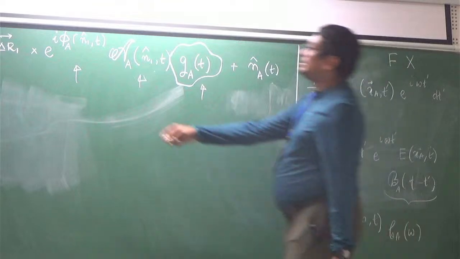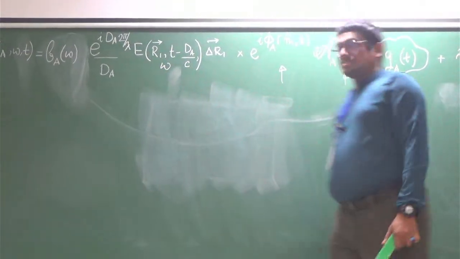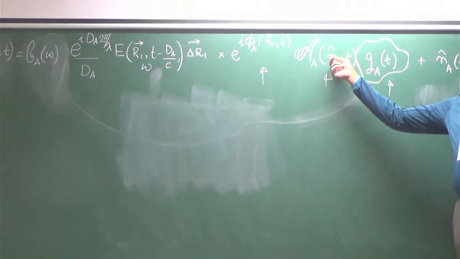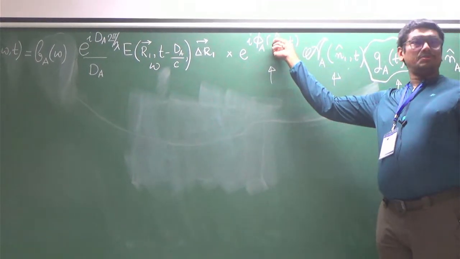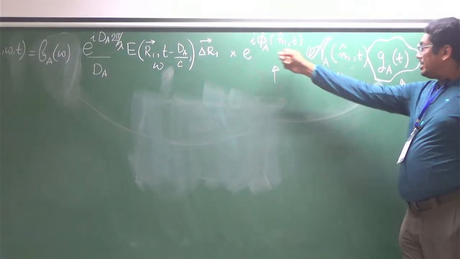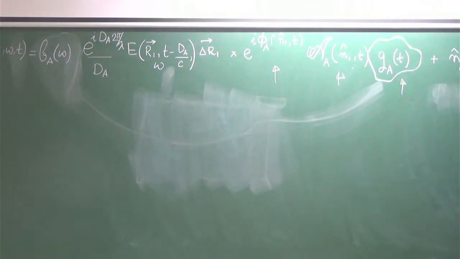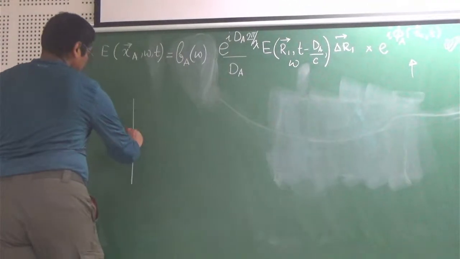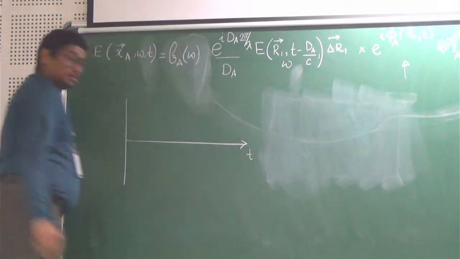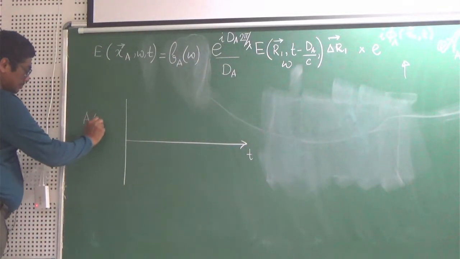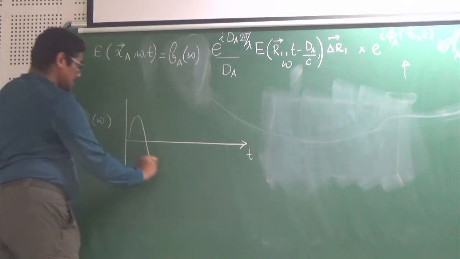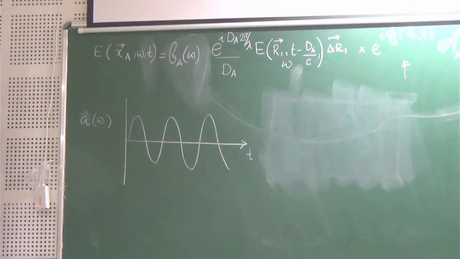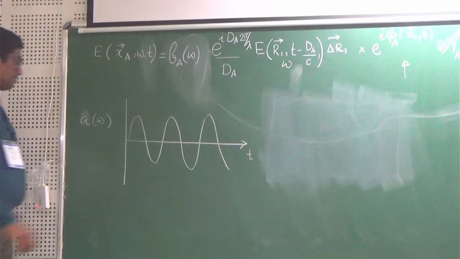Now, I said that only this thing changes with frequency. That's not quite true. This also changes with frequency. This also changes with frequency. What do you mean by saying that something has a frequency dependence? Essentially it means that if I have a time domain signal, the signal will change with time. It's some signal, small a omega. If this looks like that, it has a frequency.